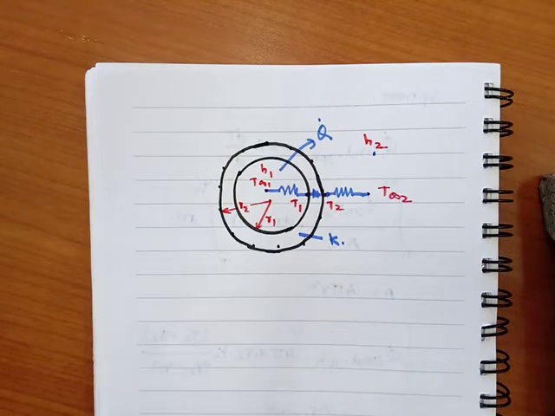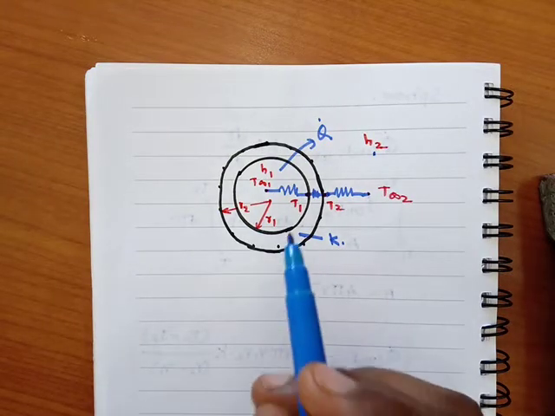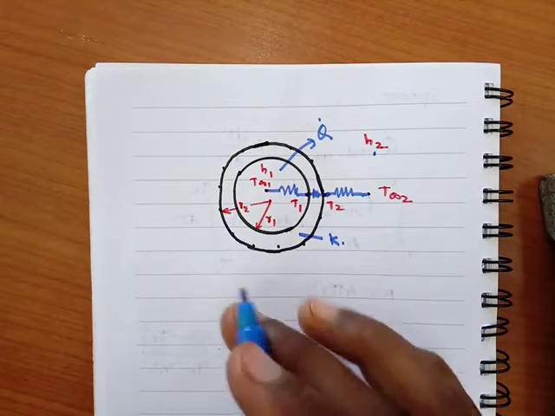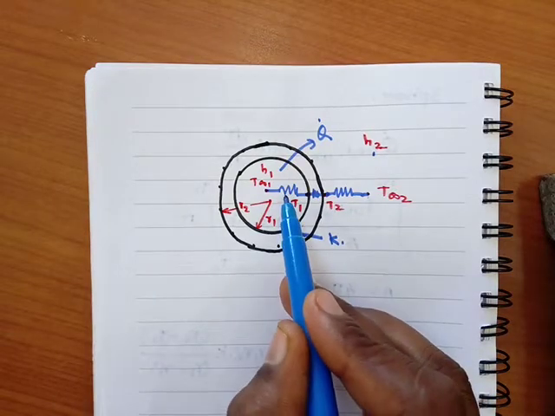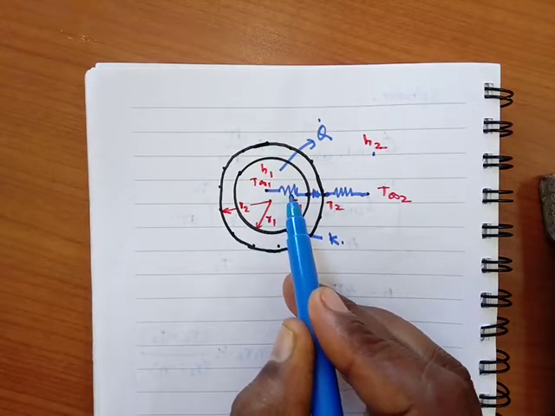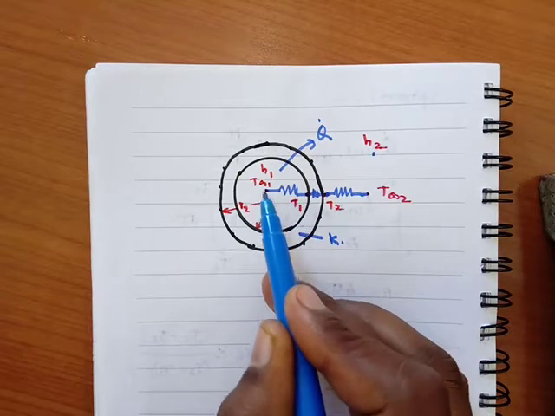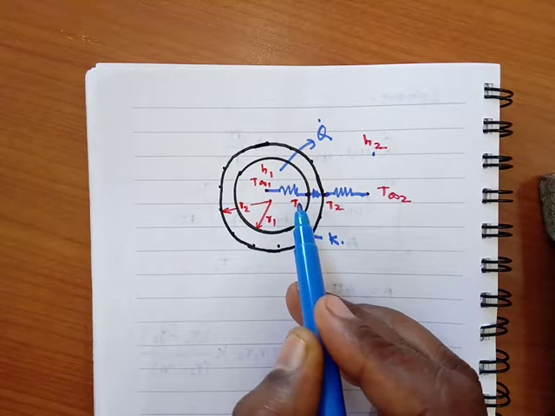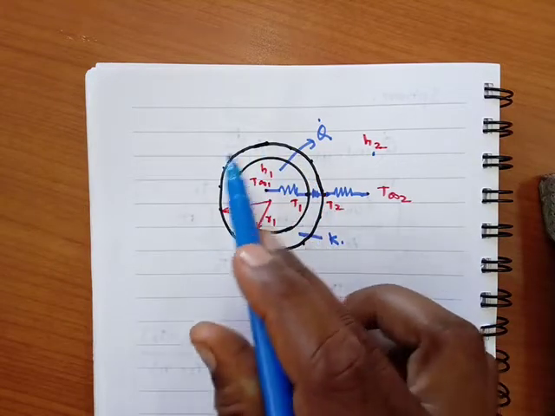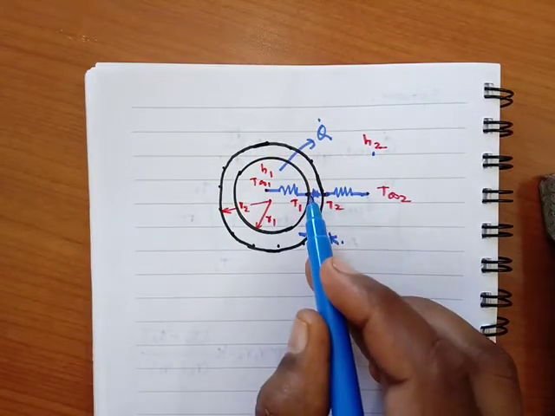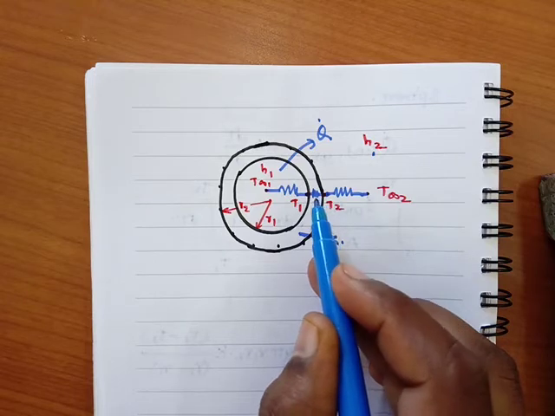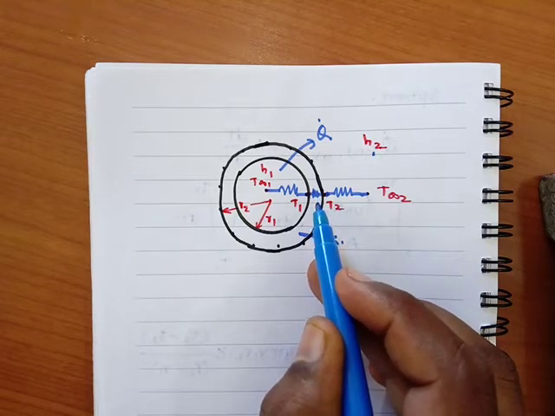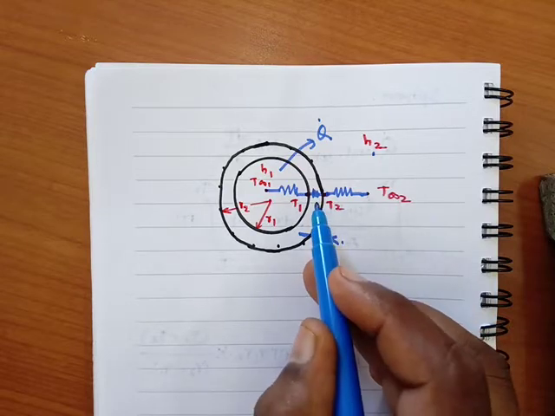Okay, so for that, if you draw a thermal network, we have the three resistances here. The first resistance is heat transfer by the convection inside of the fluid. So temperature, higher temperature will be reduced from T infinity 1 to T1. Then into the cylinder material, heat transfer is by conduction, that means resistance offered by this material is the resistance due to the conduction heat transfer.